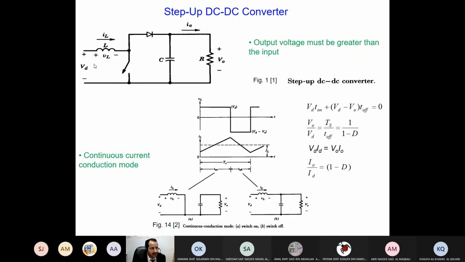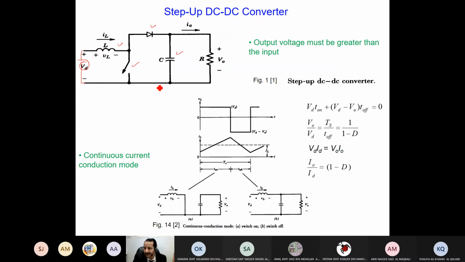As you can see here, this is my converter. Here is my supply. It could be a battery, it could be a rectifier giving DC, it could be a solar cell giving DC, and this is my input VD. Also, I have a switch, a diode, a capacitor, and an inductance.